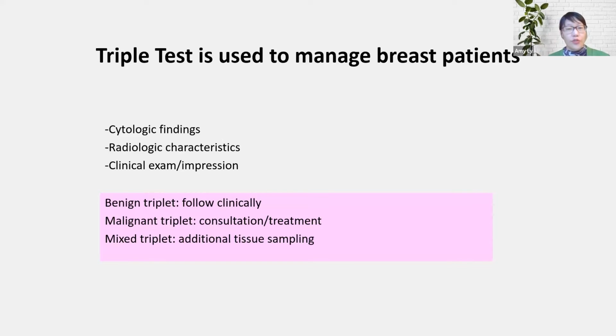Patients with a malignant triplet can be referred for additional consultation and treatment. And if you're getting a mixed triplet, that is, you're getting mixed messages, one might be benign, one might be malignant, then the patient should be referred for more workup, including the possibility of additional tissue sampling.